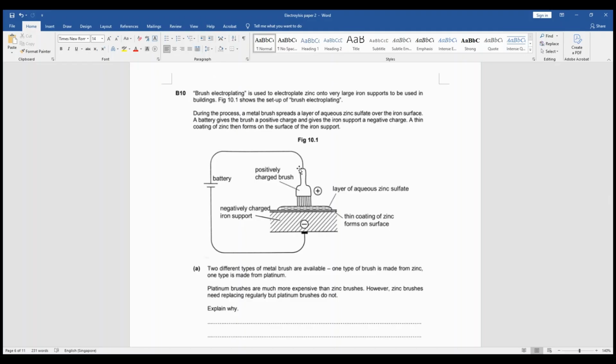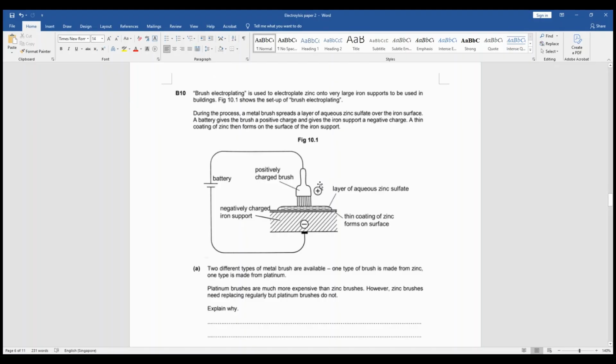A battery gives the brush a positive charge and gives the iron support a negative charge. The brush is positive, that one is negative. A thin coating of zinc then forms on the surface of the iron support. Isn't this like plating?